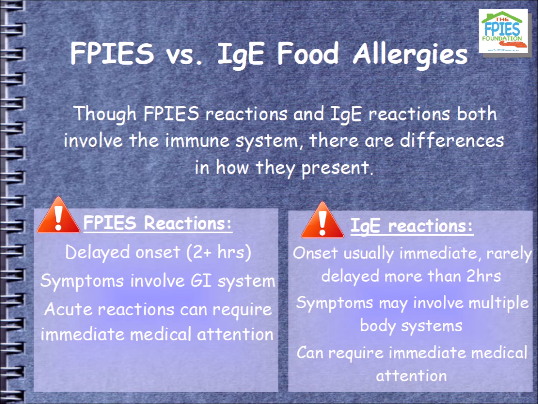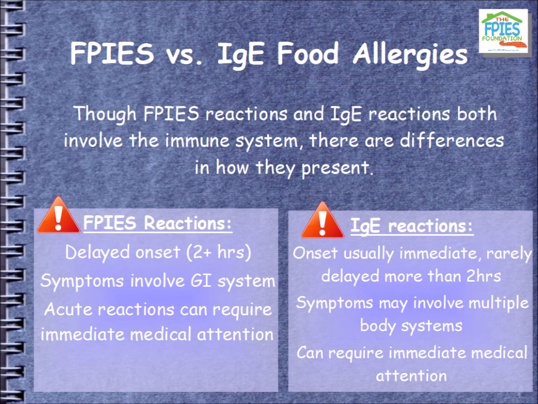Also with IgE reactions, symptoms may involve multiple body systems. So instead of, with an FPIES reaction, you're just going to see GI symptoms, with an IgE reaction, you may see GI symptoms, but you could also see skin symptoms such as hives or swelling. You might see respiratory symptoms such as shortness of breath.